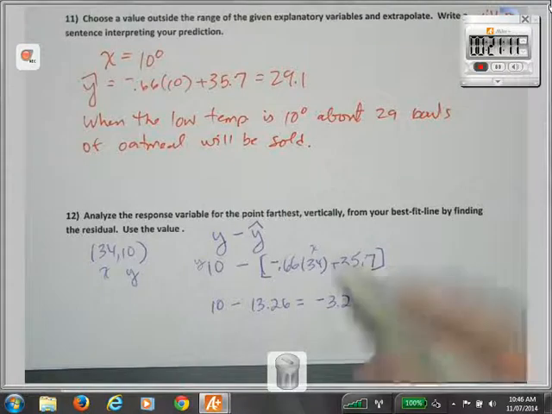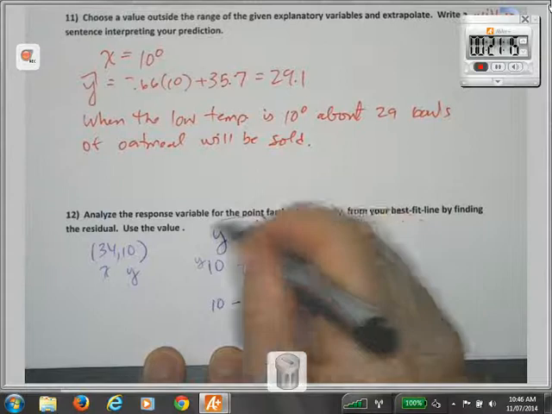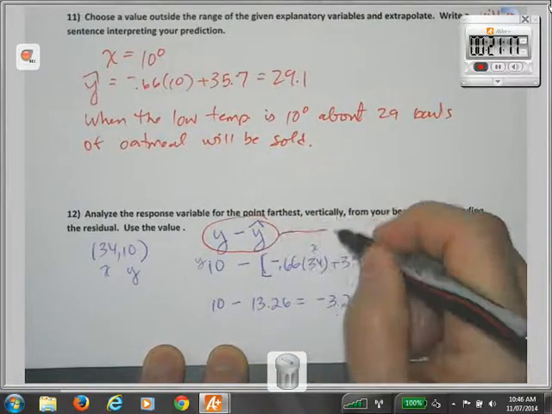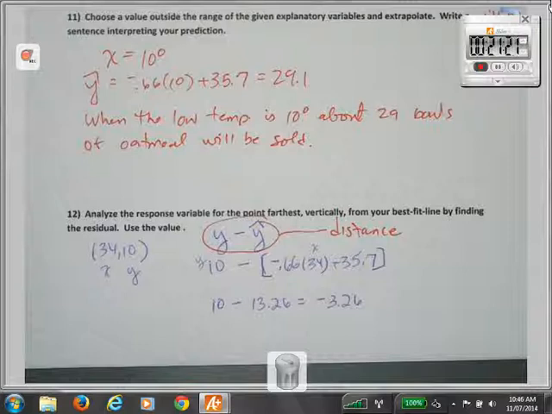So just to clarify, this little formula is a distance, and it has a negative or positive sign based on above the line or below the line. That gets us how far away, vertically, the point that we picked is from our least squares regression line.